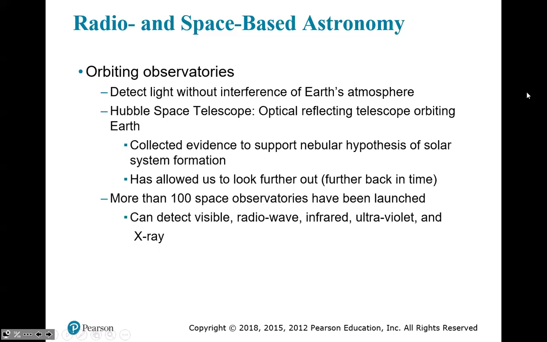And there are more than 100 space observatories that have been launched, and they can detect visible, radio wave, infrared, ultraviolet, X-rays, and even gamma rays. So space-based observatories are used for all kinds of stuff. Probably the most impressive current space-based observatory is the James Webb Space Telescope that was launched relatively recently.